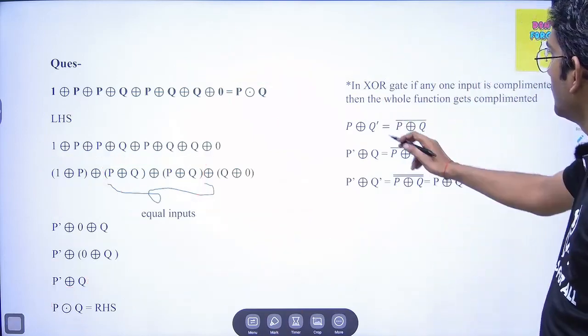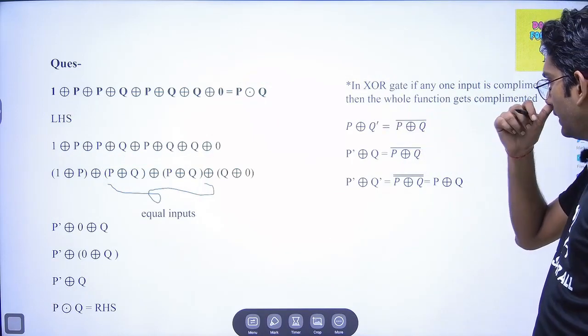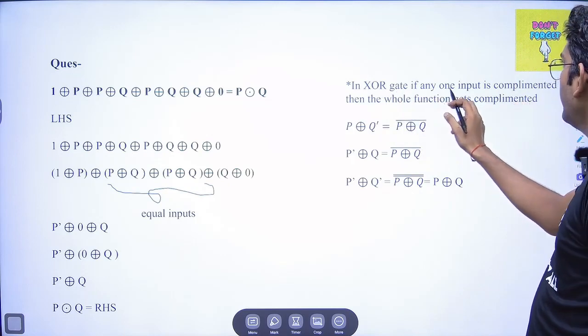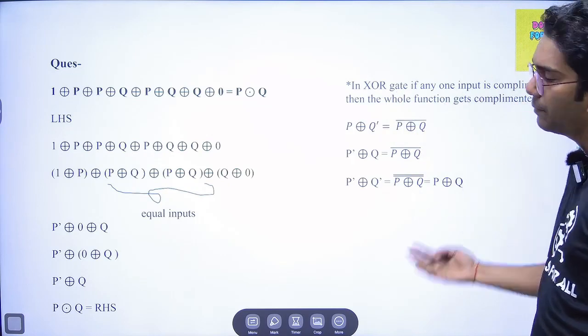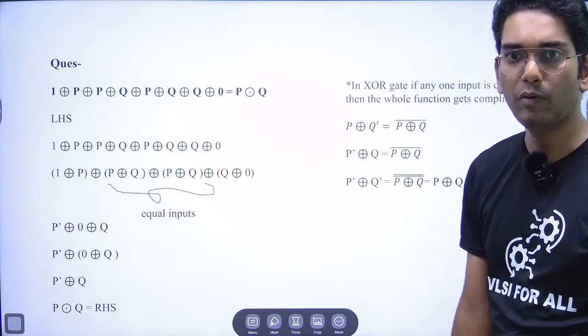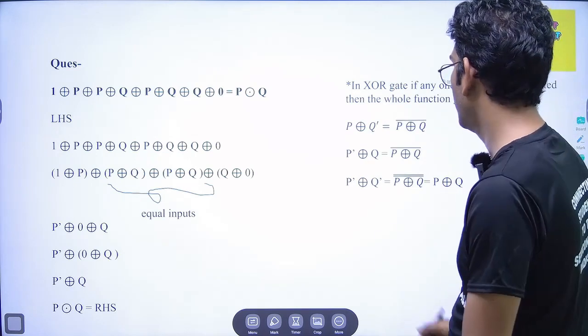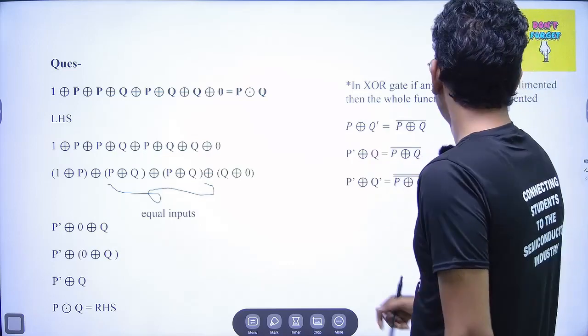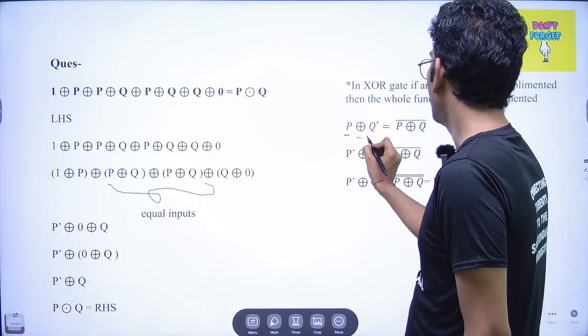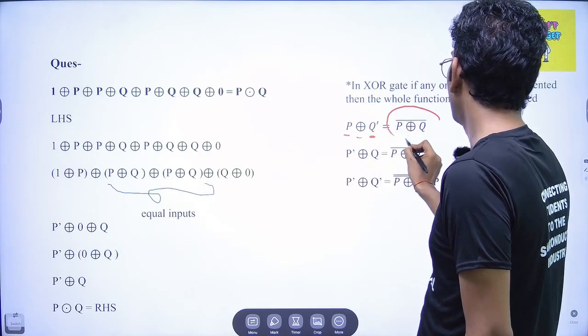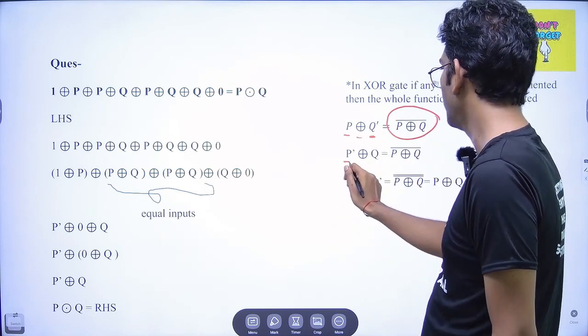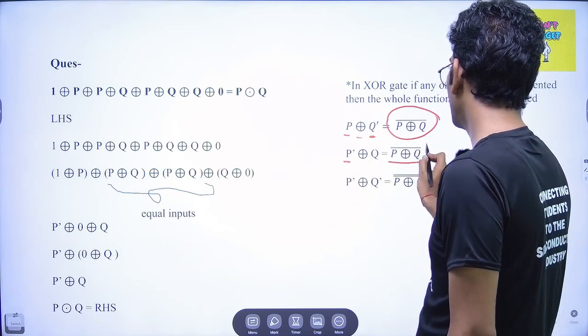So in the XOR gate, we can keep one thing in mind. If any one of the inputs is complemented, then the whole function gets complemented. So here we can see that P XORed with Q complement, so the whole function is complemented. Here P complement is present, so the whole function is complemented.